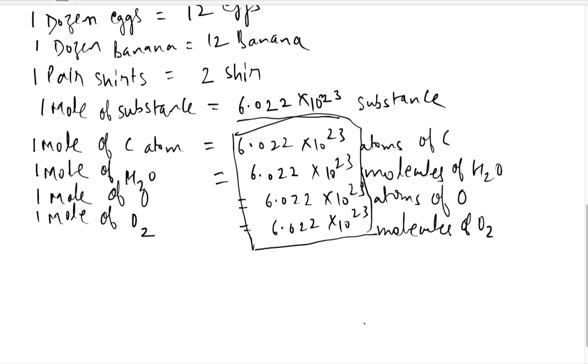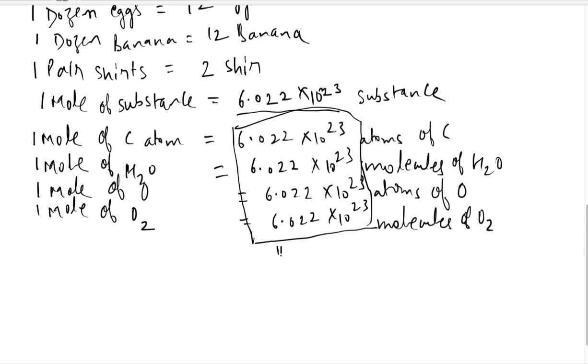and this number is called Na, which is the Avogadro number. It is named after the scientist Avogadro, who also gave the very famous law, Avogadro's law. So you can see that here the substance can be anything.